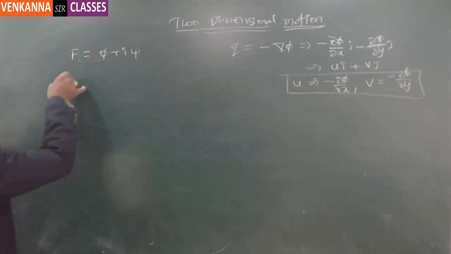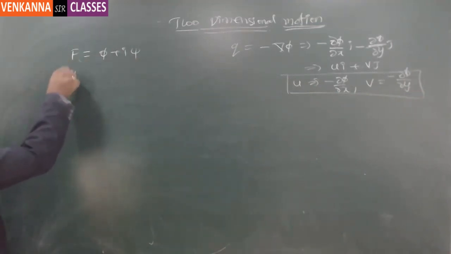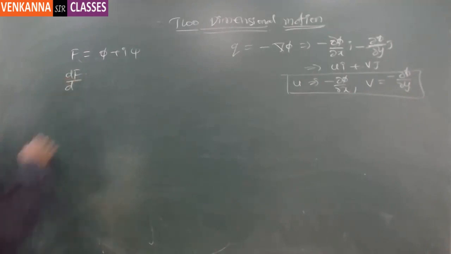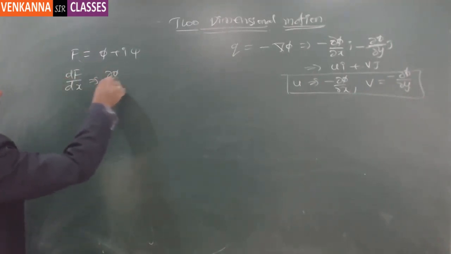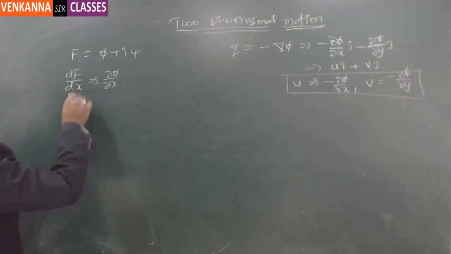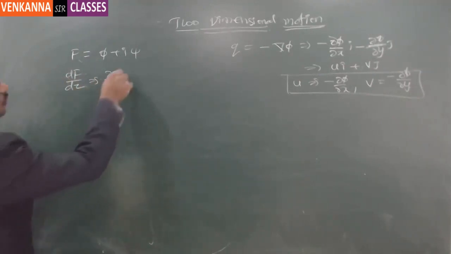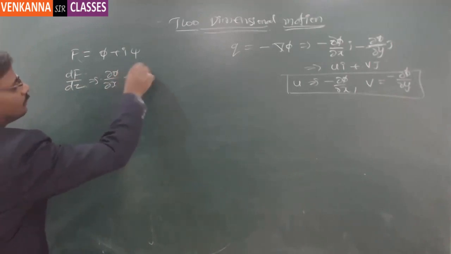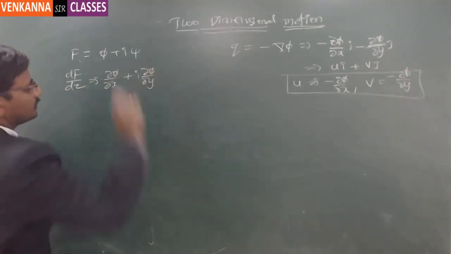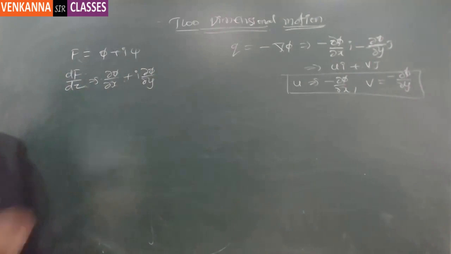Now here if I take dF by dx, this is dou phi by dou x plus i times dou psi by dou x. So this is based on the CR equations, or actually let me prove the CR equations first.